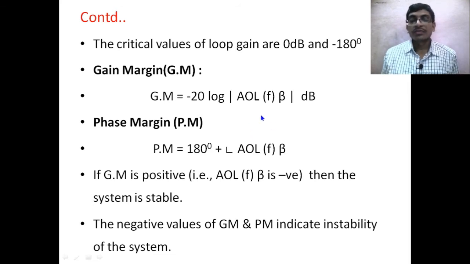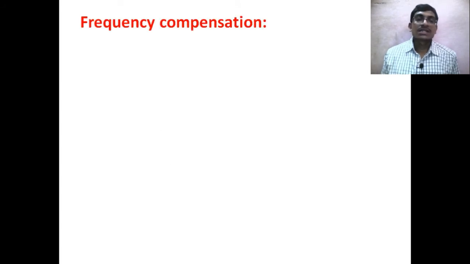If AOL of beta is a positive value, then our GM will be a negative value. So if those two are negative values, our system is an unstable system. If the GM and PM are both positive values, then we can say our system is a stable system.